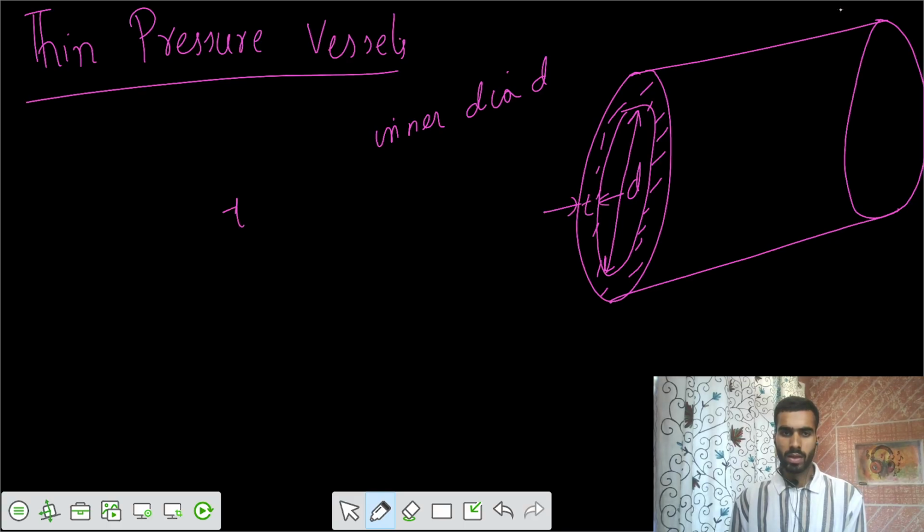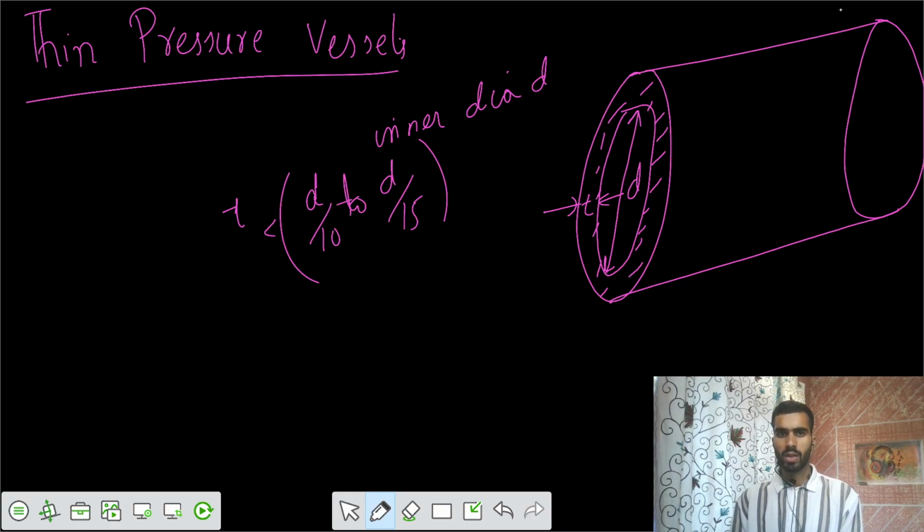If the thickness is almost d by 10 to d by 15, or less than these values, we call it a thin pressure vessel, or thin shell.